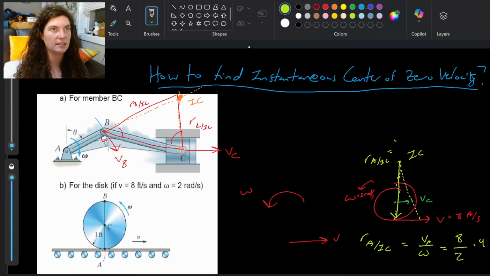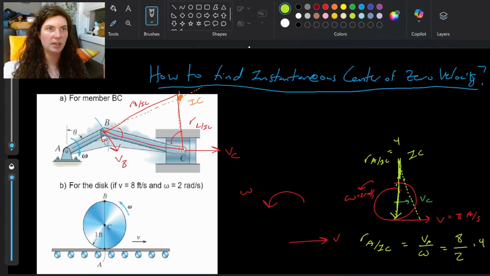This distance here is 4, and we know it's straight up and down because it's perpendicular to V. We also know that this radius is 1 foot, so we've got 1, 2, so mine's a little short, 3, 4, coming up above there. And then this connection, we could use the ratio triangle relationships to find VC if we wanted to.